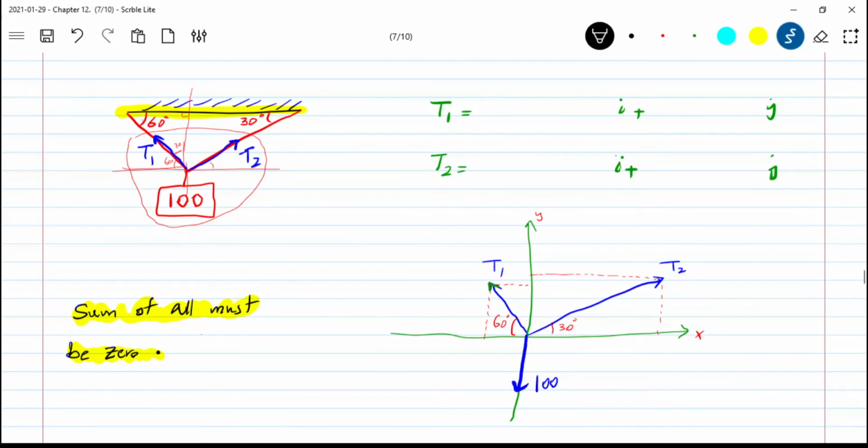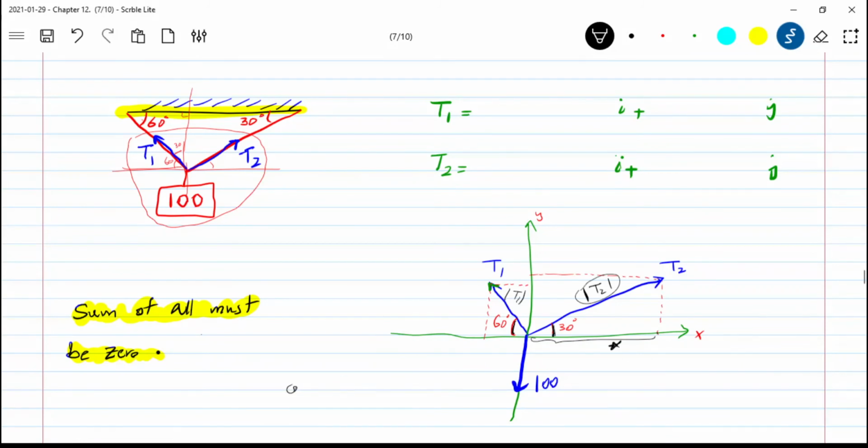You're given the angle. Now this is where the trigonometry comes in. If we know the lengths, so this is the length of T2, and here we have the length of T1. This length here would be the length of T2 multiplied by the cosine of this angle, because the cosine of the angle corresponds to the x value. Let me call this length star.